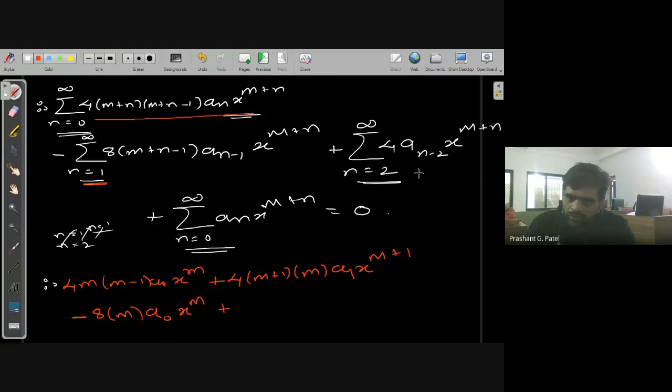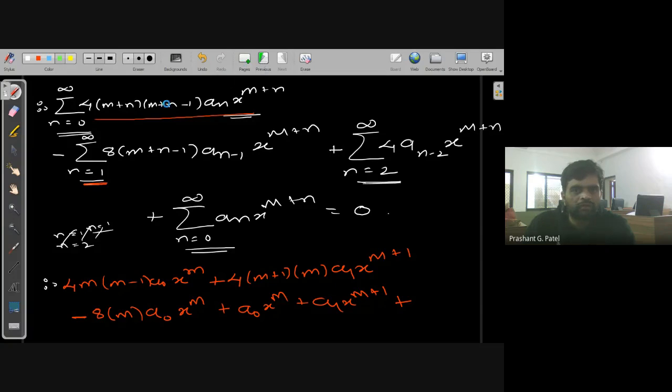Here also the summation starts from 2 to infinity, that also we can write down separately. Here it starts from 0 to infinity, so I'm writing two terms for n equal to 0 and 1 separately. For n equal to 0 we have a0 x power m plus a1 x power m plus 1, plus the rest of the terms, which have the summation starting with n equal to 2 to infinity for all of them.